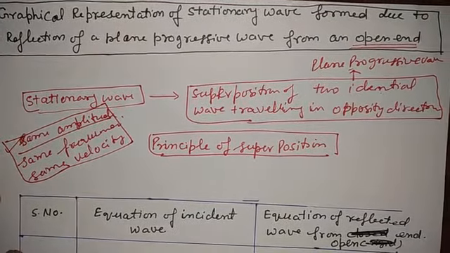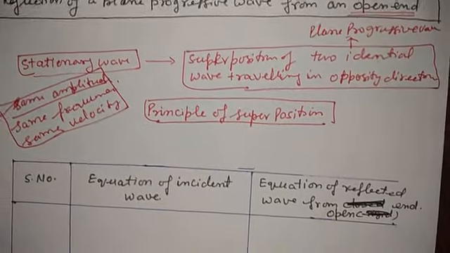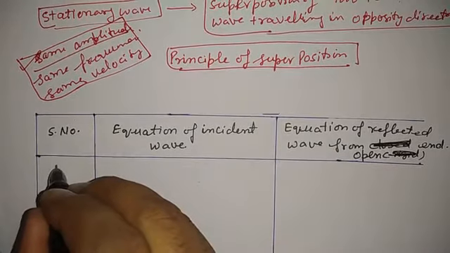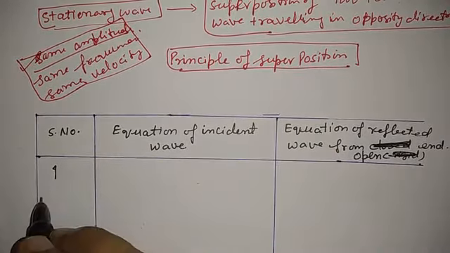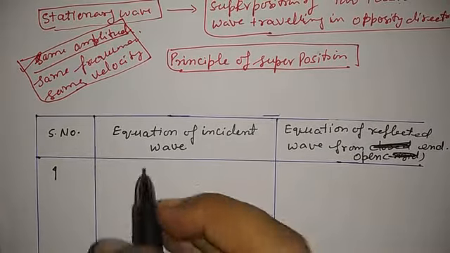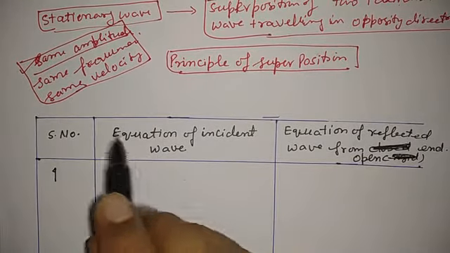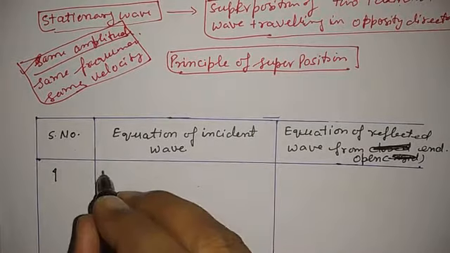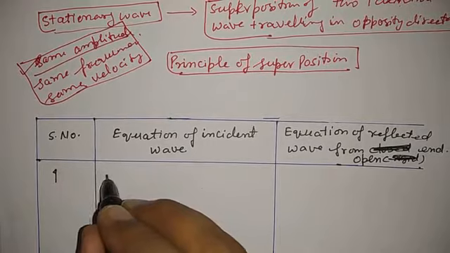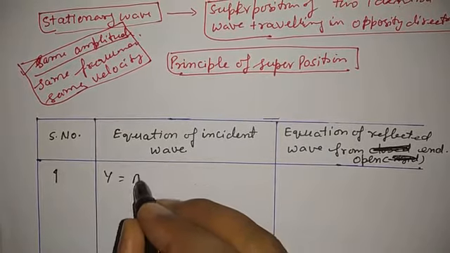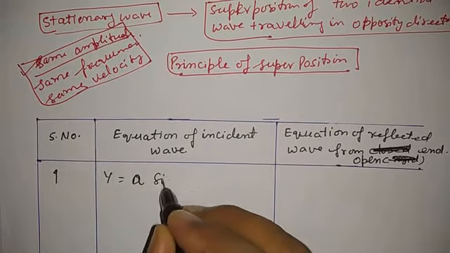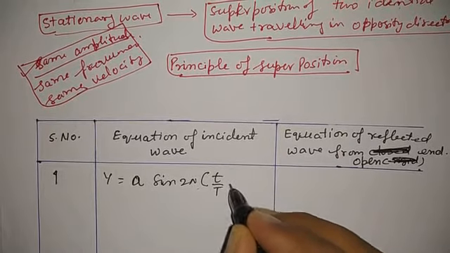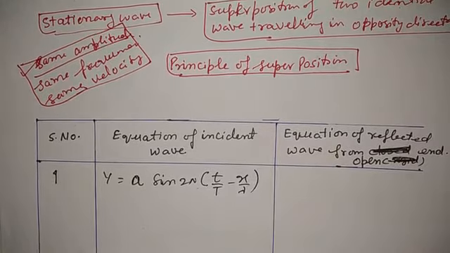Now see carefully here in this table, serial number 1. We are going to write the equation of a wave which is reflected from a free end. The incident wave, the general equation of that is y is equal to a sine 2 pi in bracket t by capital T minus x by lambda.